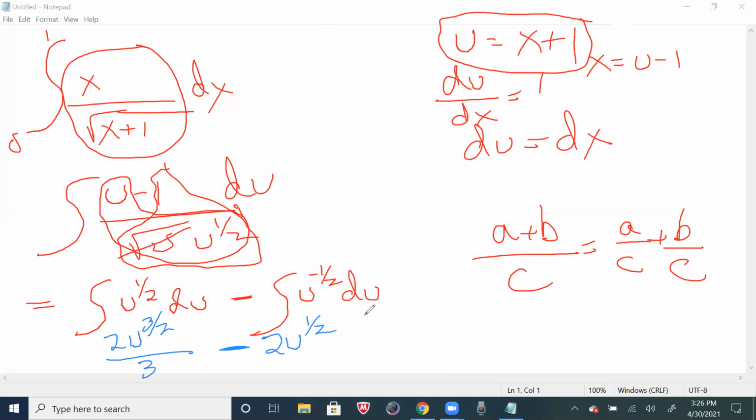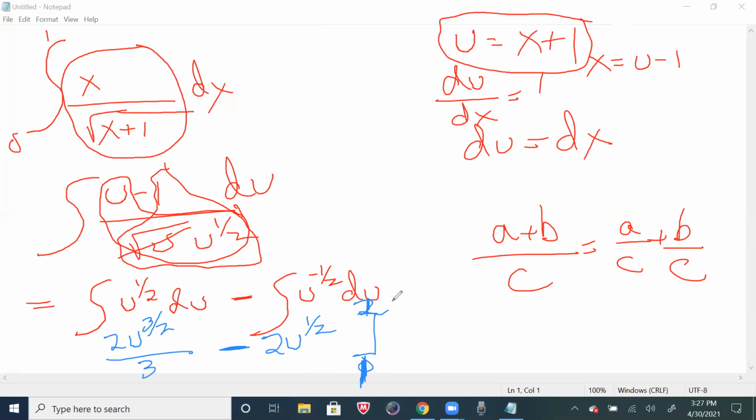Now, I can either do this by figuring out what happens to u when x goes from 0 to 1, and it looks like u would go from 1 to 2. So if I wanted to change my limits of integration, that's the way I would do it.